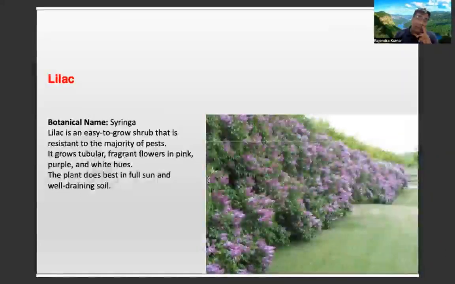So that means this plant requires regular sun. When you have regular sun, you need to keep it outside, and it also requires well draining soil. That is also a very important aspect to consider. Regular water doesn't mean that you have to give water every time.